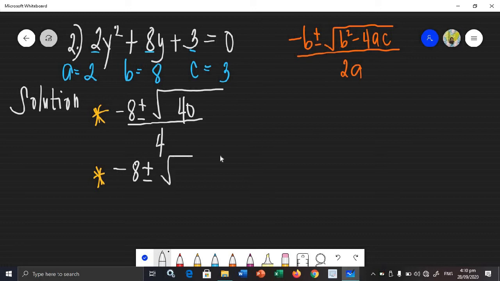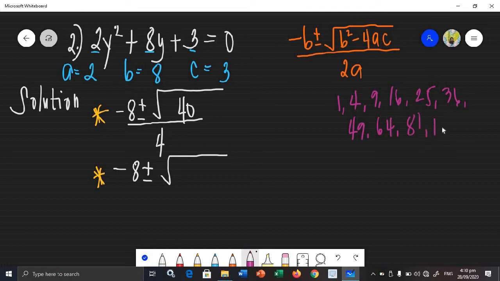So let's have it factored, right? Let's say, for example, this is the list of the perfect square numbers: 1, 4, 9, 16, 25, 36, 49, 64, 81, 100. Which of these perfect square numbers is a factor of 40? So we can say that it is 4, right? Because 4 times 10 is 40.